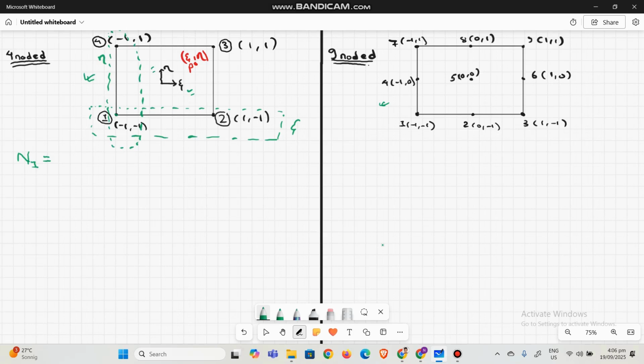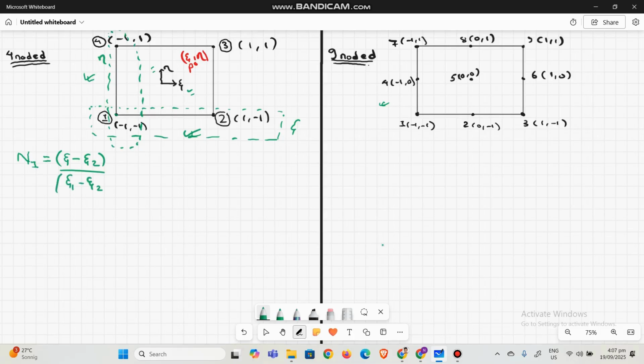So N1 is given by xi minus xi2, because along the xi direction we are going in this direction and we meet node 2, divided by xi1 minus xi2.